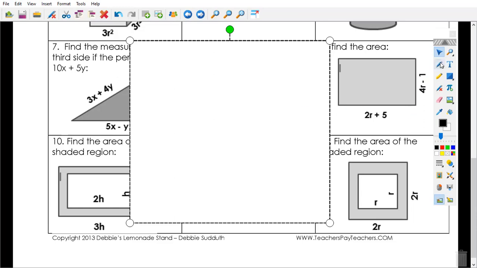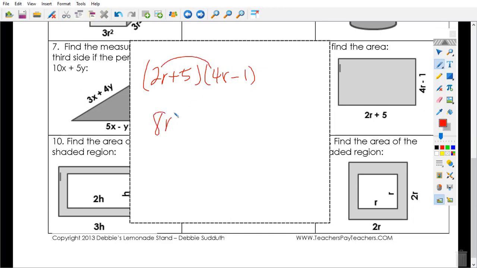All right, really quick, let's go over it. So, here, finding the area. We have 2r plus 5 times 4r minus 1. We're just going to distribute. 2r times 4r, 8r squared. 2r times -1, -2r. 5 times 4r, 20r.